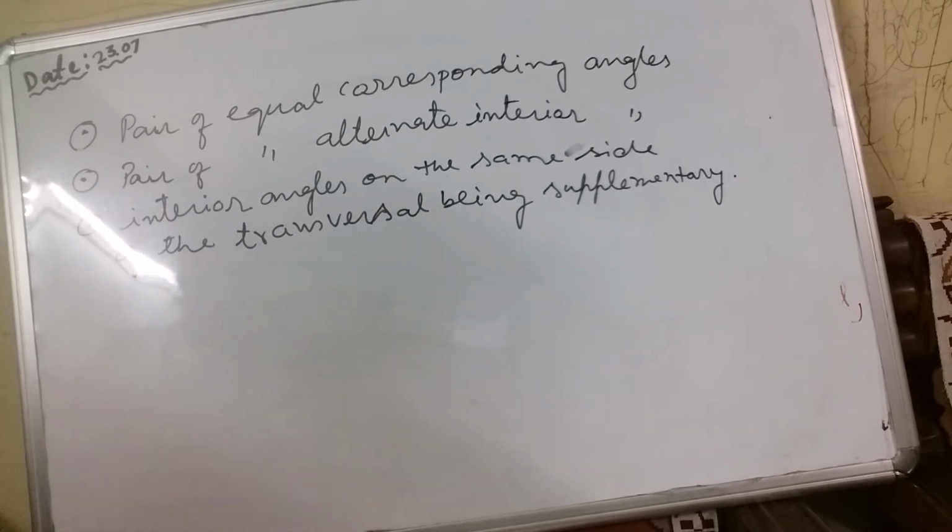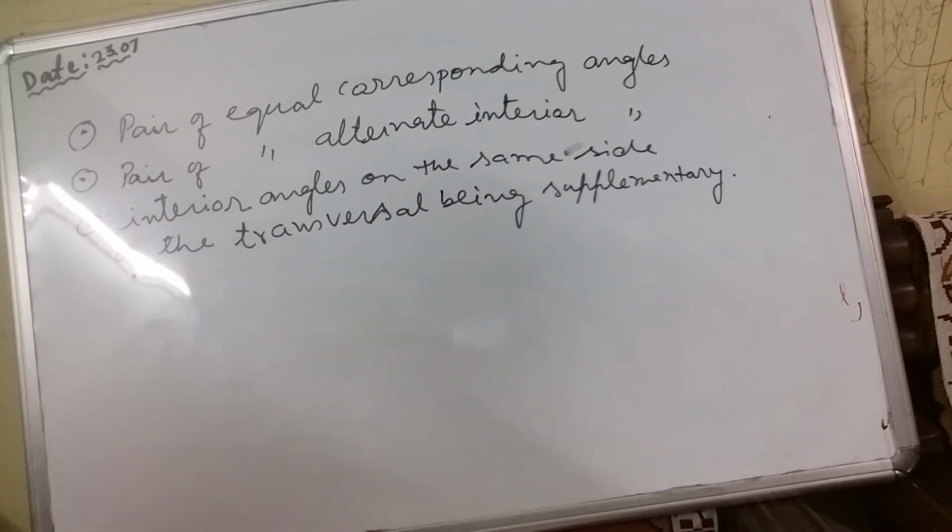Now, when two lines are given, is there any method to check if they are parallel or not? When a transversal cuts two lines such that a pair of corresponding angles are equal, then the lines have to be parallel.